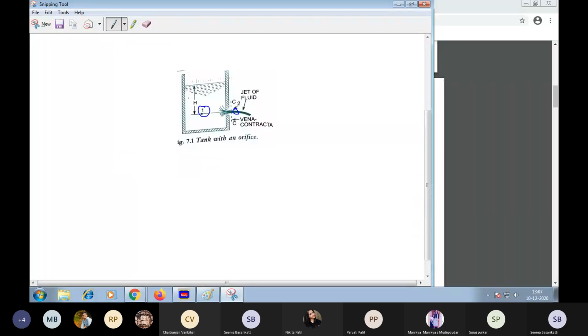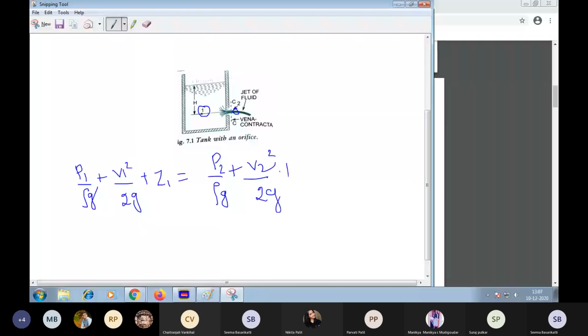Now apply Bernoulli's equation for this. What is Bernoulli's equation? P1 by rho g plus V1 square by 2g plus Z1. Similarly for the second section, apply Bernoulli's equation: P2 by rho g plus V2 square by 2g plus Z2. So we have taken 2 sections and I am going to apply the equation between them.